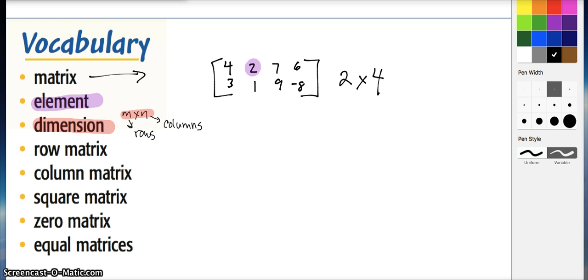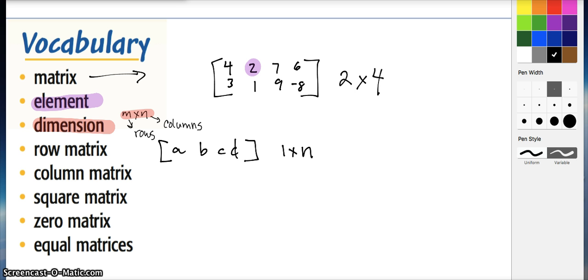A row matrix is a matrix with just a row of information. So you might have some elements A, B, C, D, but that's it. There's only one single row and as many columns as you need. So what you'll find is that a row matrix will be a 1 by n, right?